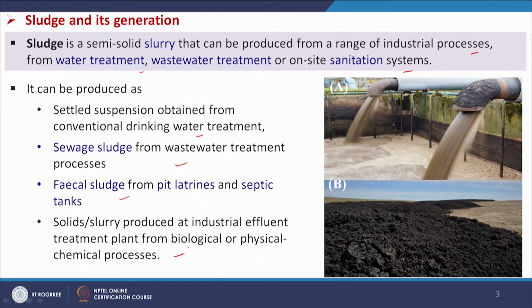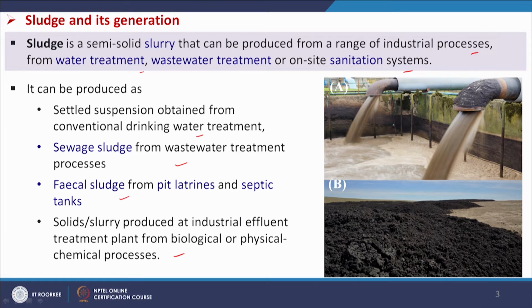That is the primary and secondary clarifier material, as well as the solid material coming out from tertiary treatment units, like the residual part or retentate of the membrane processes. Those things are called sludge and need proper management.